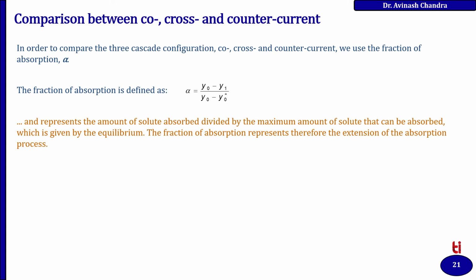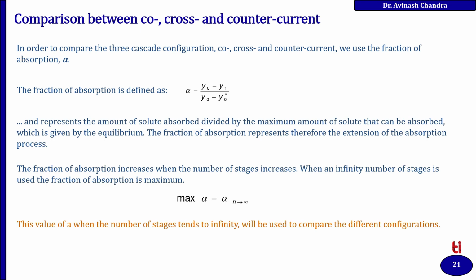The fraction of absorption therefore represents the extent of the absorption process. This fraction of absorption increases when the number of stages increases, and when an infinite number of stages is used, the fraction of absorption is maximum. This value when the number of stages tends to infinity will be used to compare the different configurations.